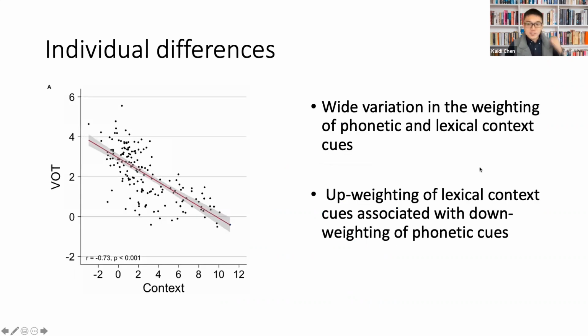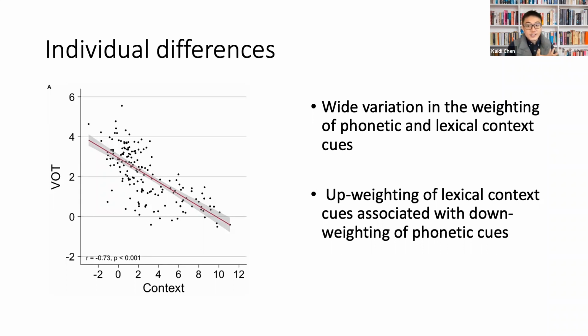So here are our results. We have plotted the random slope coefficients for the 180 participants in the sample. And this is the metrics for how strong or how weak the context effect and how strong and weak the VOT effect the listeners have.